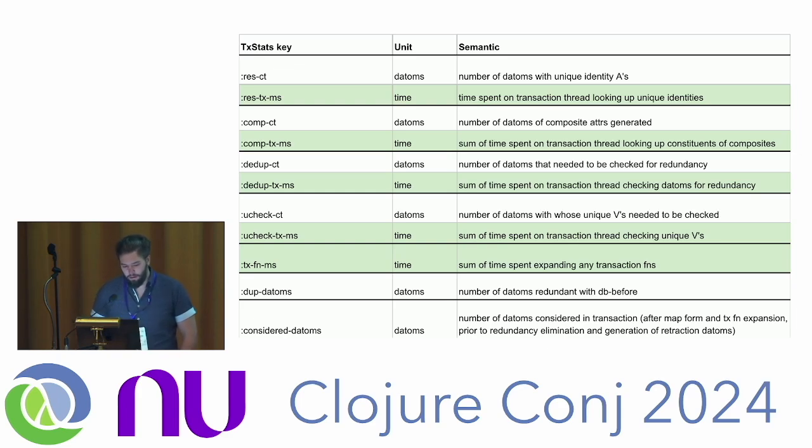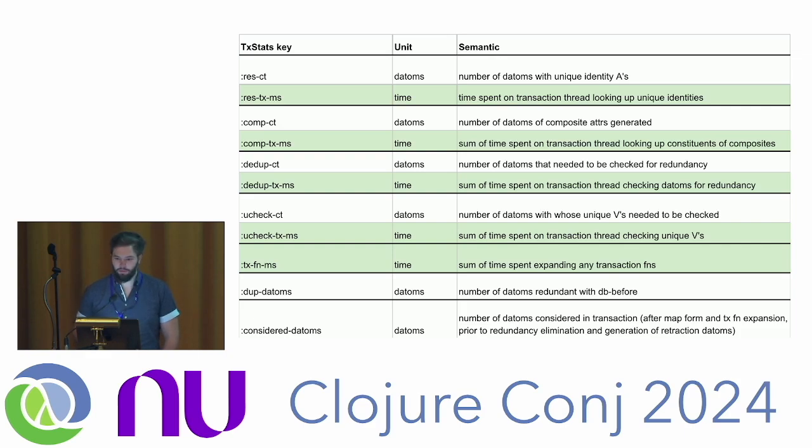So res-tx-ms, this is the time spent on thread actually looking up unique identities, so resolving an existing entity. Composite, or comp-tx, is the time spent processing composite tuples, which we have none. Dedupe-tx, this is how much time was spent in the transactor looking for redundant datums to deduplicate.